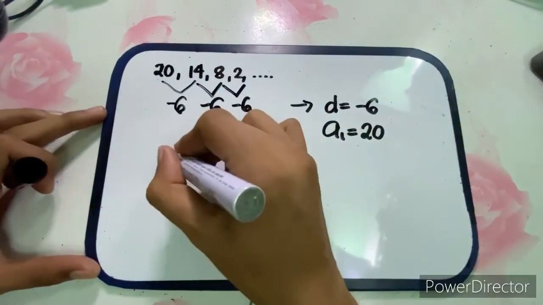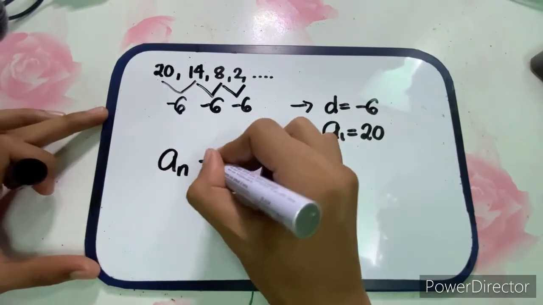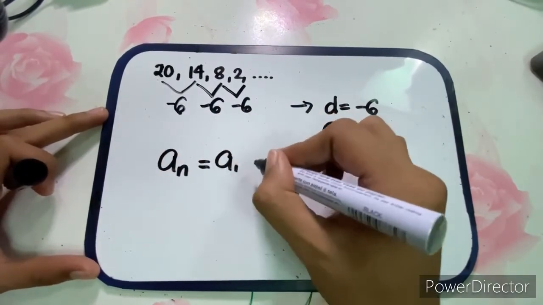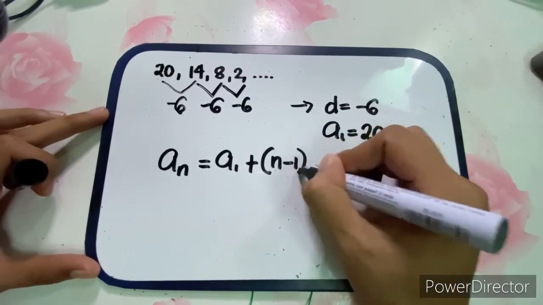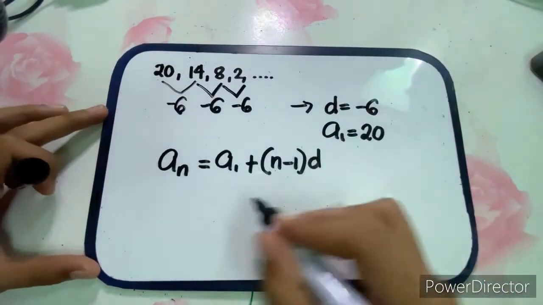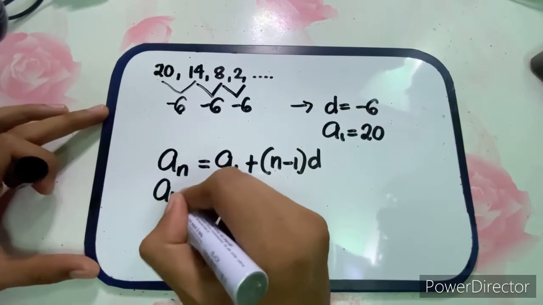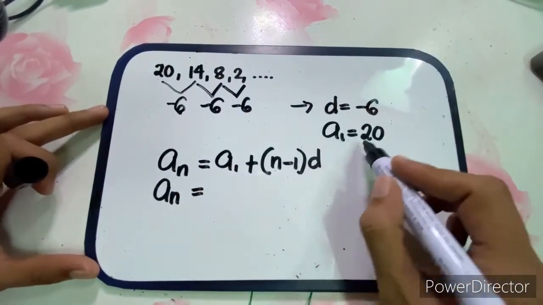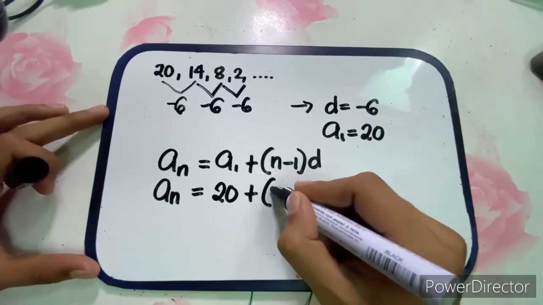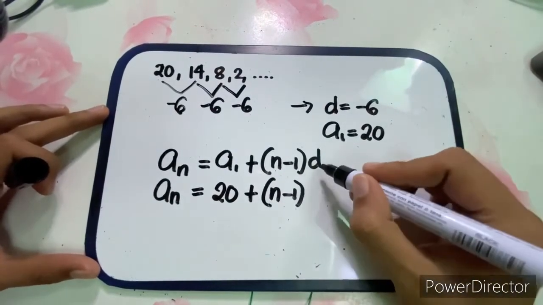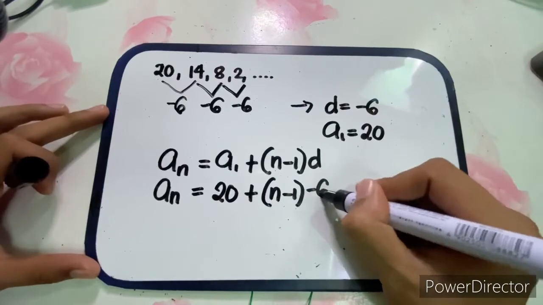Again, the rule or the equation, a sub n is equal to a sub 1 plus the quantity of n minus 1 times d. So a sub n is equal to a sub 1 is 20 plus n minus 1, your d is negative 6.